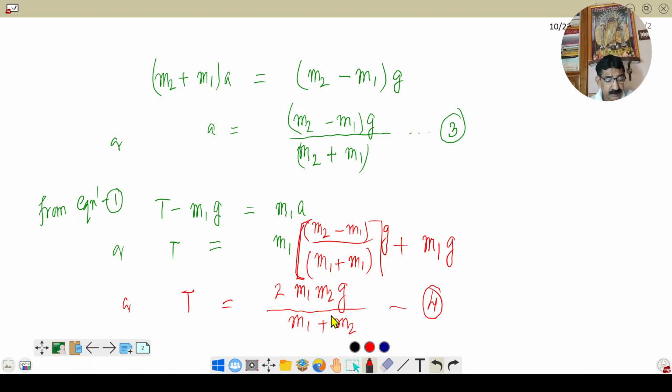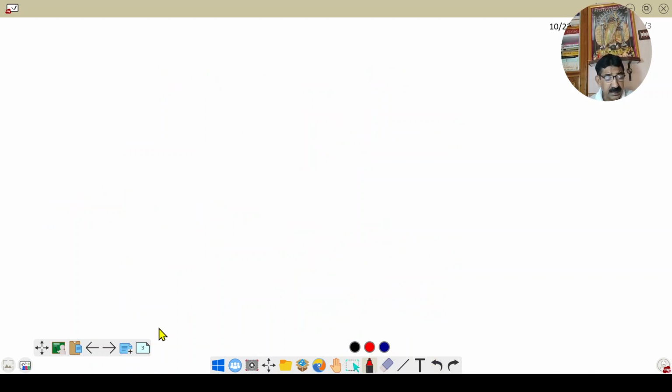Now we have to consider the original diagram again. This is the ceiling, this is the pulley, and M1, and this is M2. M2 is moving downwards, M1 is moving upwards, with tension.